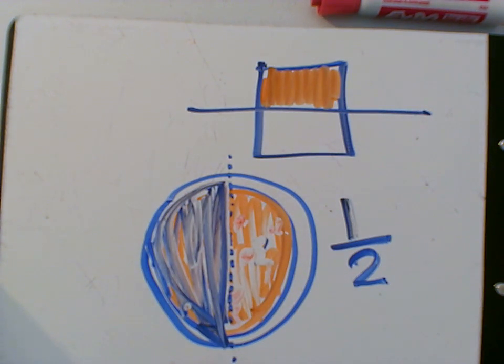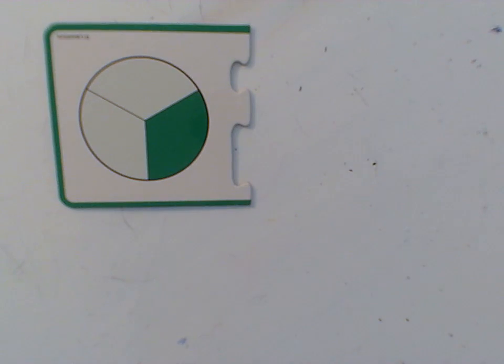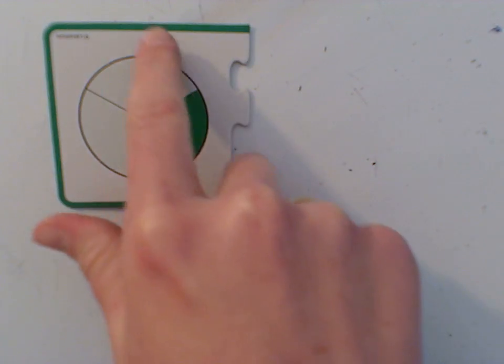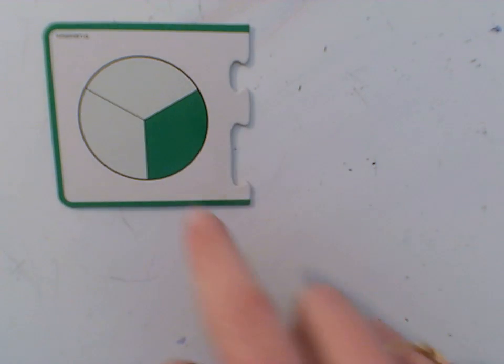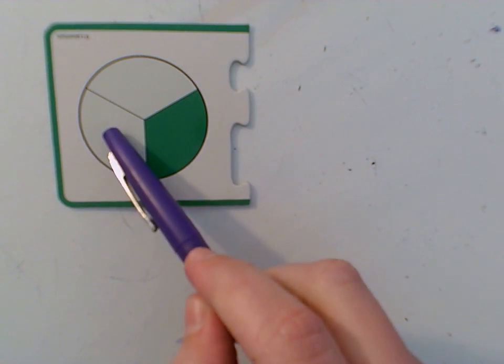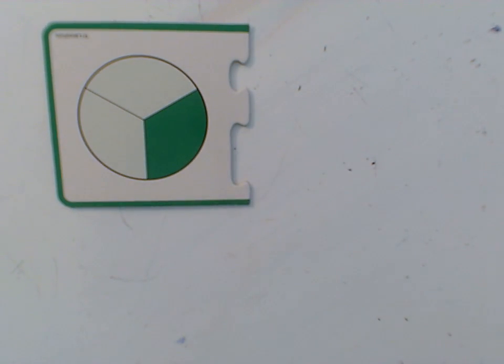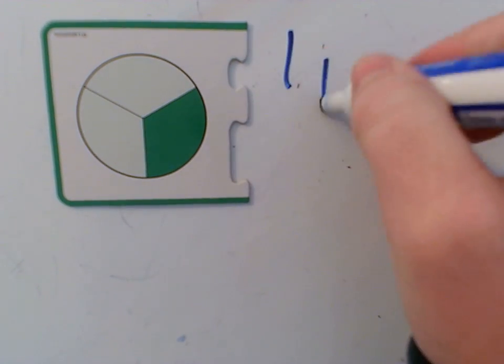Okay, so let's continue trying some different fractions. Here is a circle cut up into 3 equal parts, and we can count them. 1, 2, 3. Now, how many parts are shaded green? Okay, so 1 part is green.